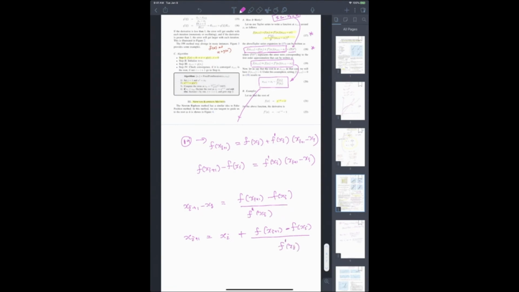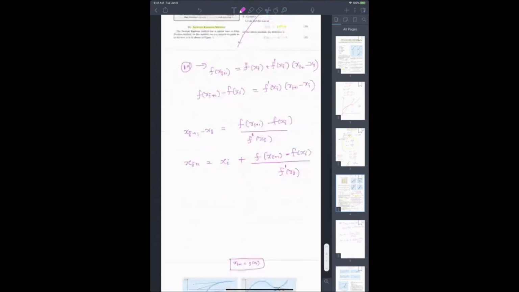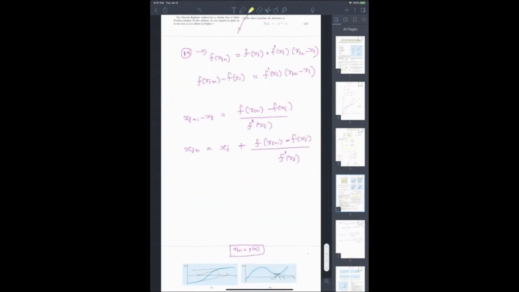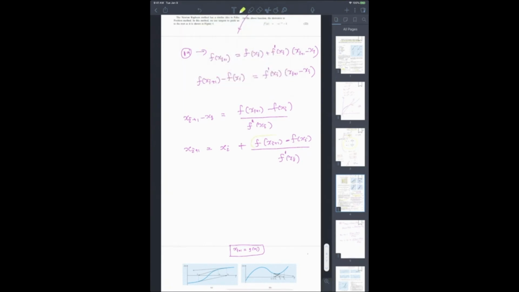So what will happen to f(x_{i+1})? We are saying that if x_{i+1} is the root, which is the assumption here, then f(x_{i+1}) will be 0. That is the big logic there.